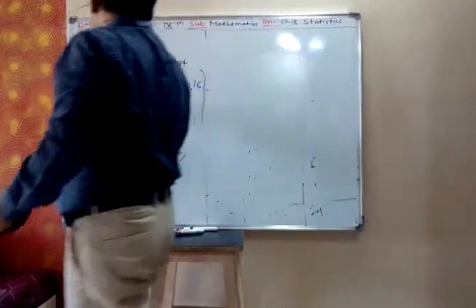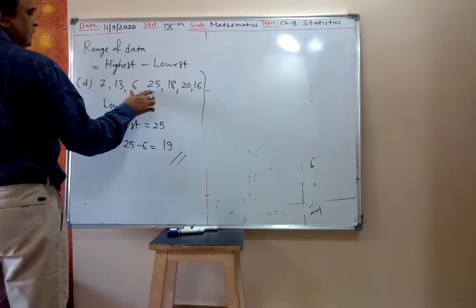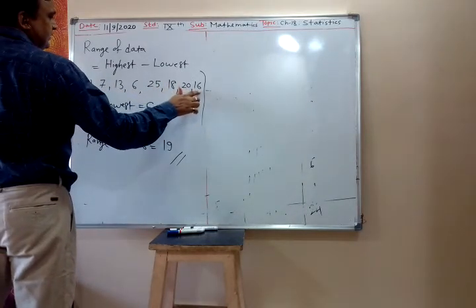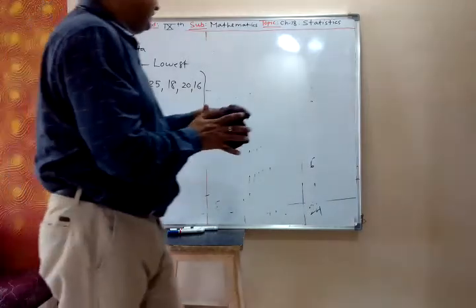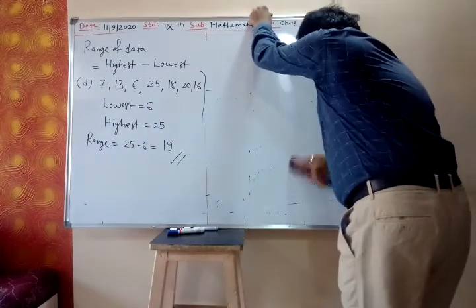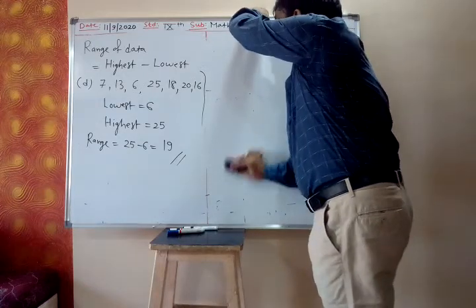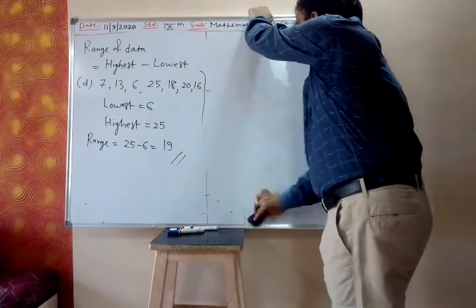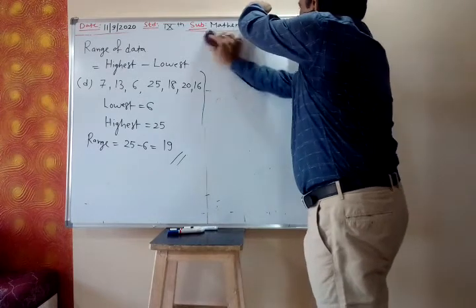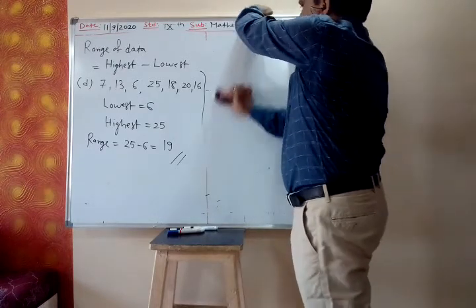Now the highest number among 7, 13, 6, 25, 18, 20, 16 is 25. So range is highest minus lowest.